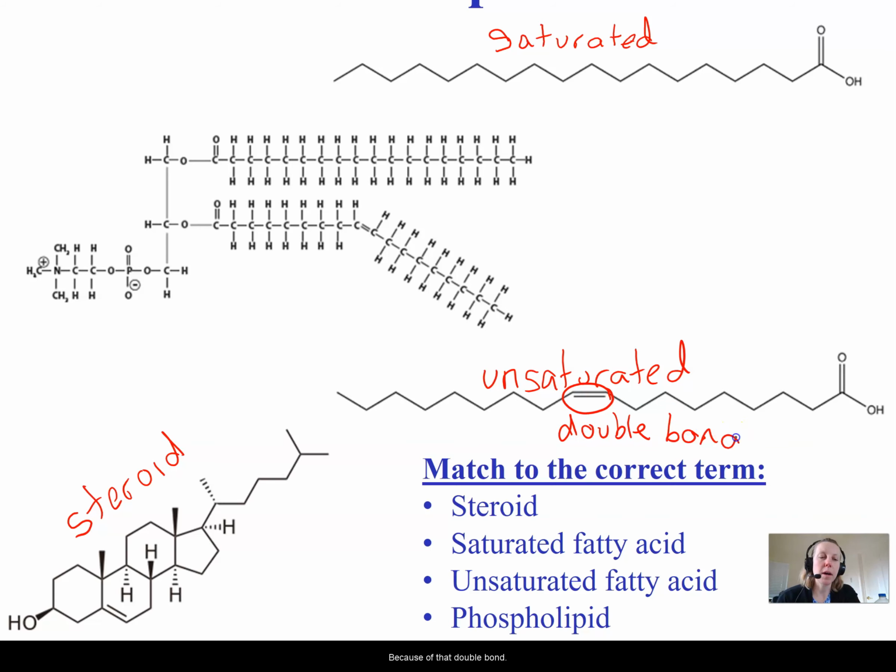Because of that double bond, this unsaturated fat winds up having a bend or a kink in its structure, and so it doesn't pack as well together in three-dimensional space. So unsaturated fatty acids tend to be liquid at room temperature. And then the last one is this one up here, which is the phospholipid.